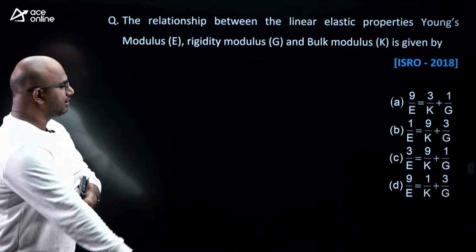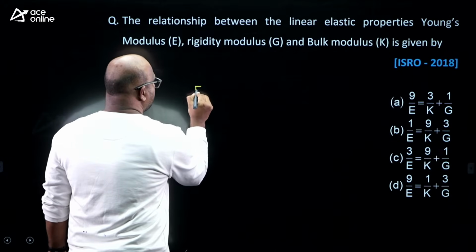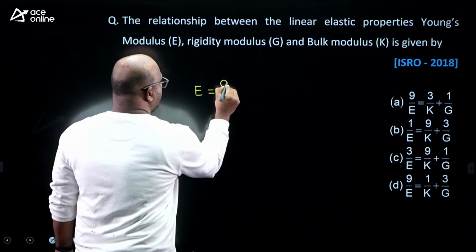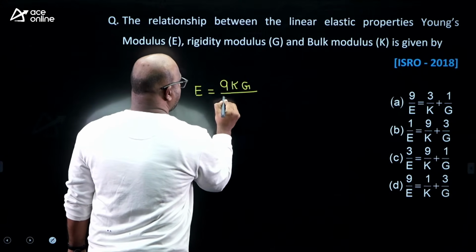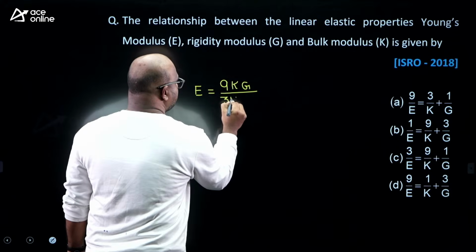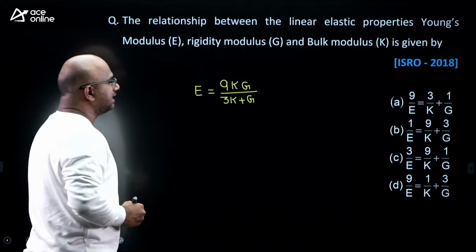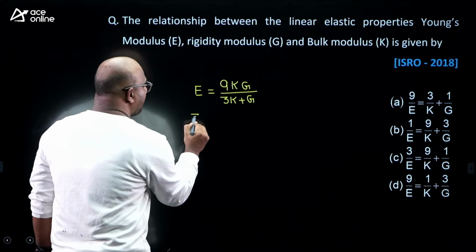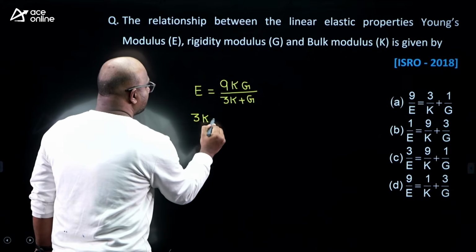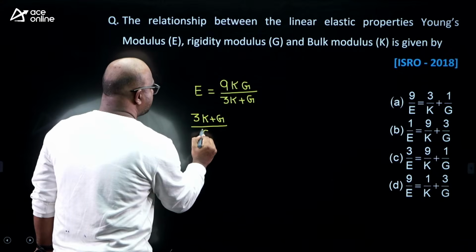Please read it, guys. How can I find out? Same thing, guys. E equal to 9KG by 3K plus G. Take 3K plus G to this side, divided by KG.